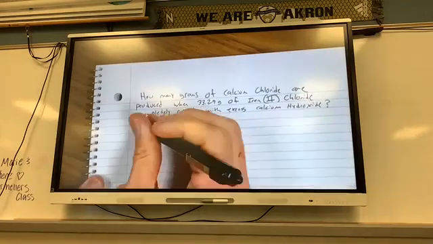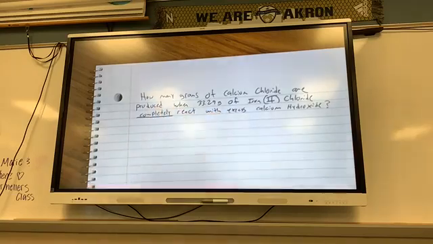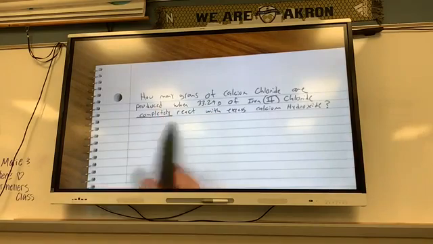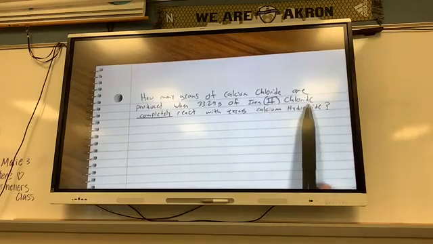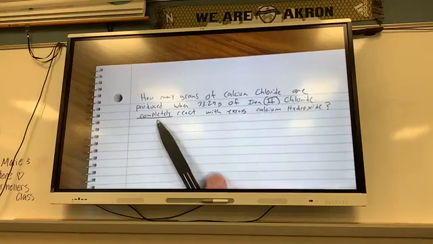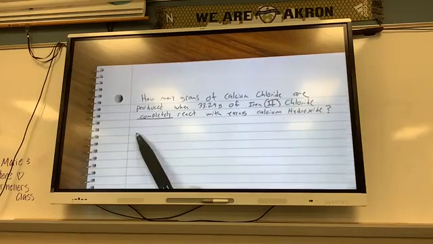With this word right here, I told you complete and I told you excess. I've essentially told you that iron 2 chloride is my limiting reactant. Which means I don't need to solve for a limiting reactant this time because I said iron 2 chloride completely reacts. If iron 2 chloride is all the way used up, you would agree that's the limiting reactant.